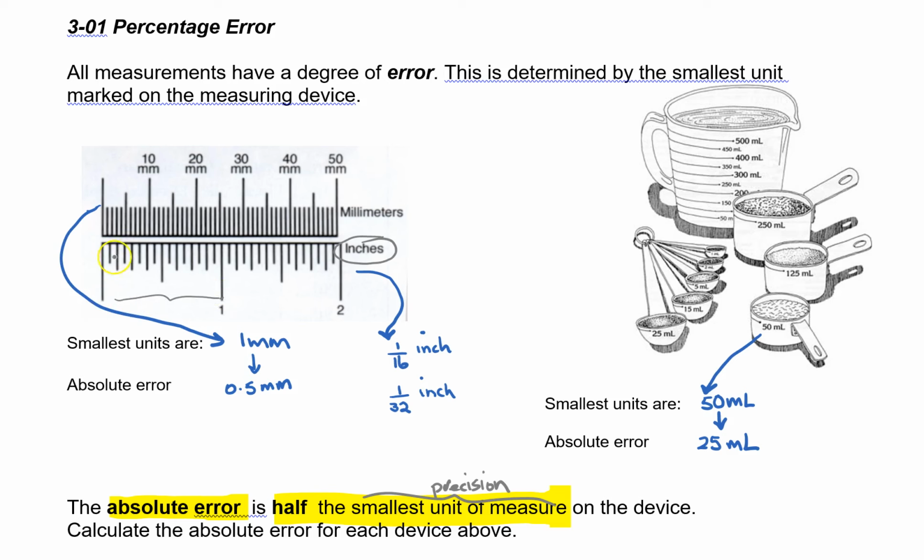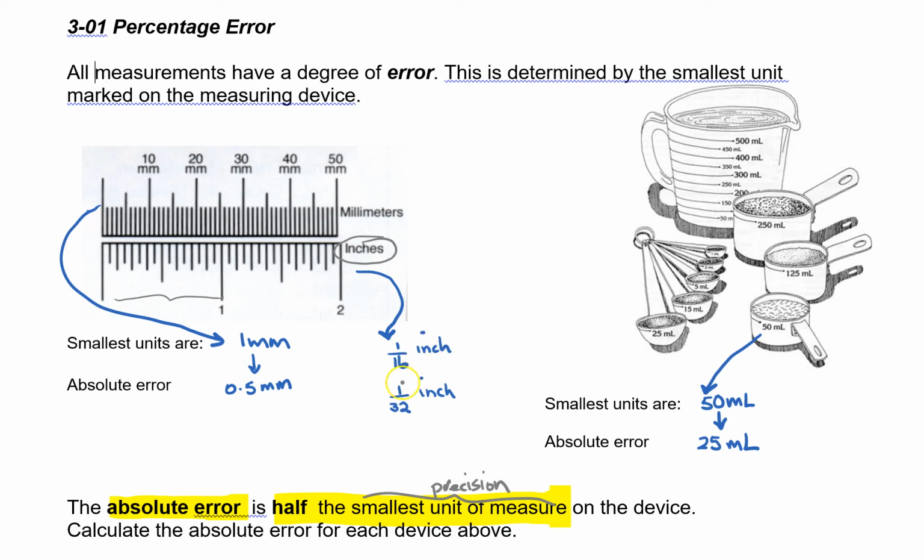If we look at how it's broken up, then there are 1, 2, 3, 4, 5, 6, 7, 8, 9, 10, 11, 12, 13, 14, 15, 16 little increments, and we would say that the smallest unit is 1/16 of an inch. Each little line is marked off, or 1 inch is broken up into 16 equal parts, which gives us each line at 1/16 of an inch. So that is the precision, or the smallest unit.